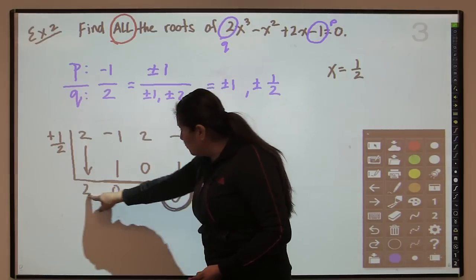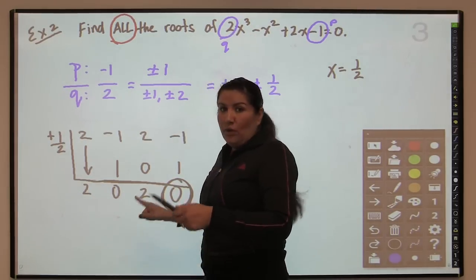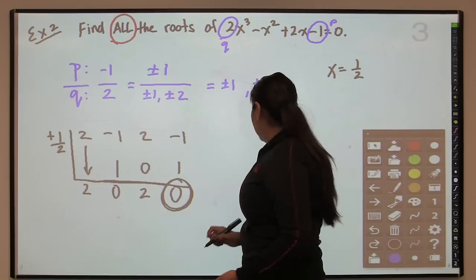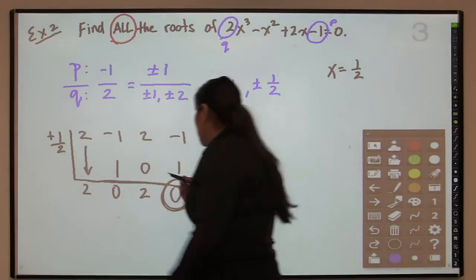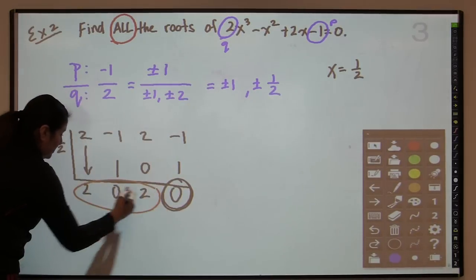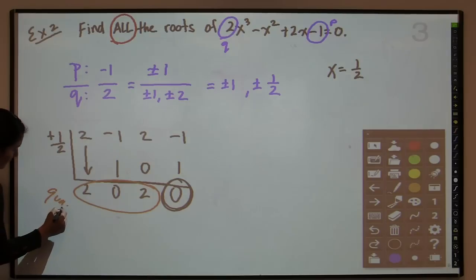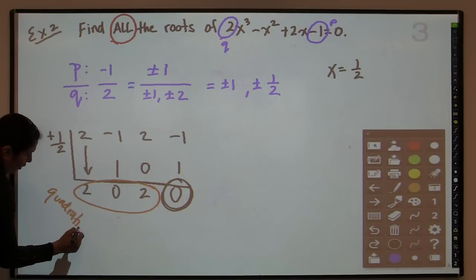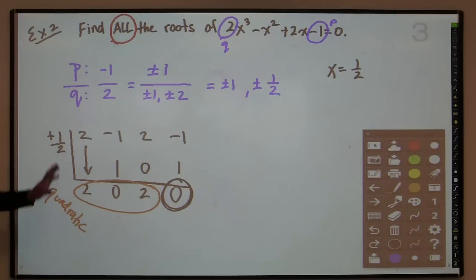So this last row here are the coefficients of 1 degree less, which is a quadratic. And we learned how to solve quadratics a long time ago. So once I find the 1/2, I can actually use previous methods to figure out the quadratic.